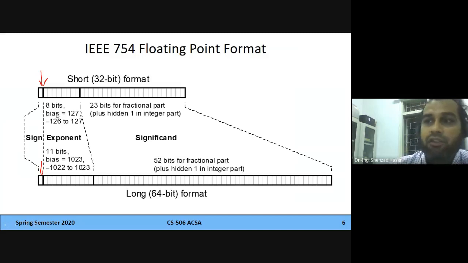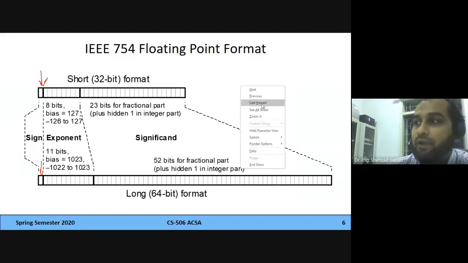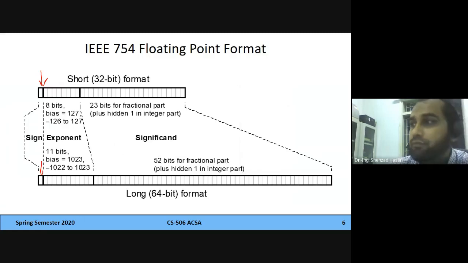So the bias value here is 127, and the bias value is always selected from a formula, which is 2 raised to the power k minus 1, minus 1.